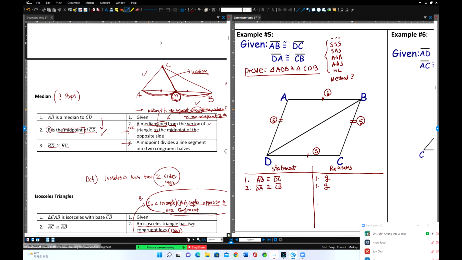Number 1, number 2, number 3, number 4, number 5. Number 5 is later, okay? Which method will be used to prove the triangles are congruent? Anybody can give me some idea?